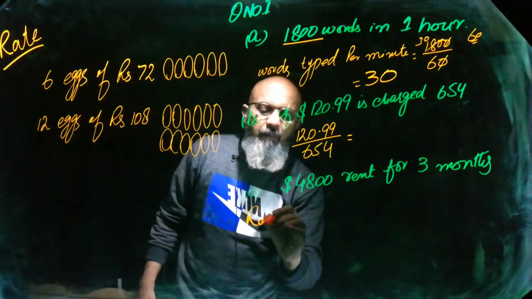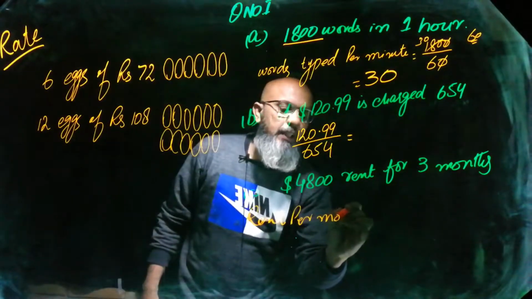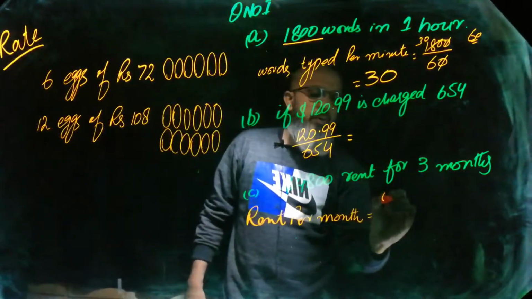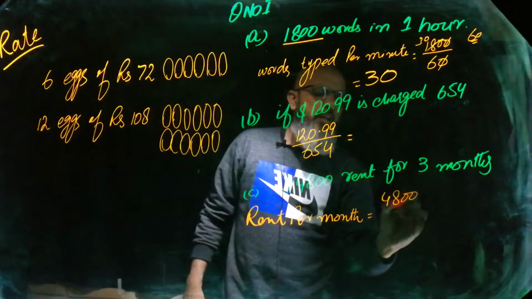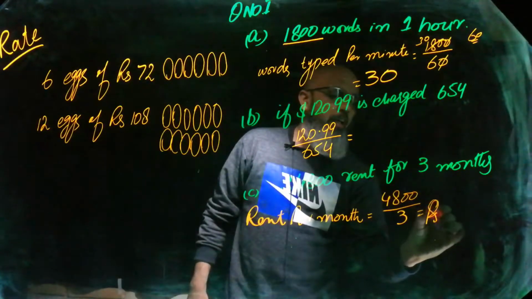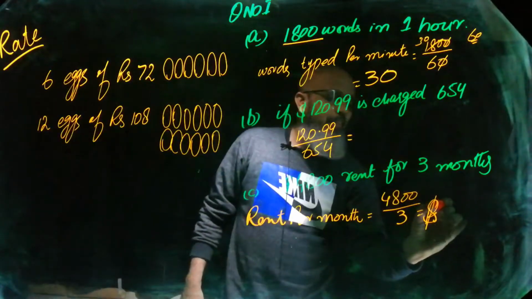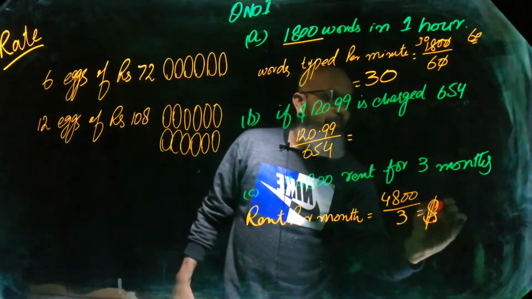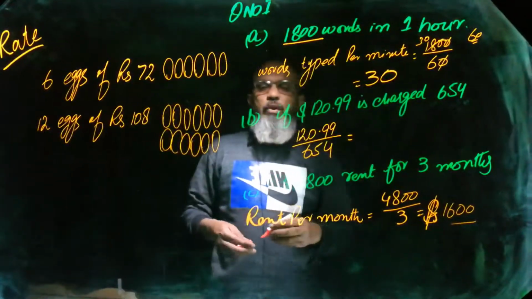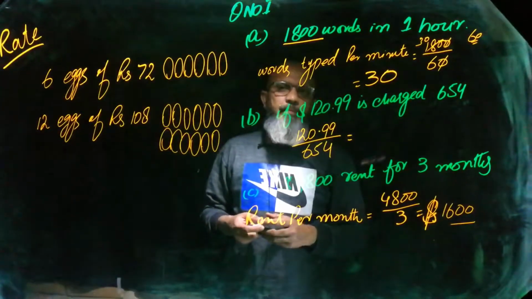You can write here rent per month, or rent for 1 month; both are right. 4,800 divided by 3, and the answer is $1,600. That is your answer. I hope you understand. Now let's move to the further questions.